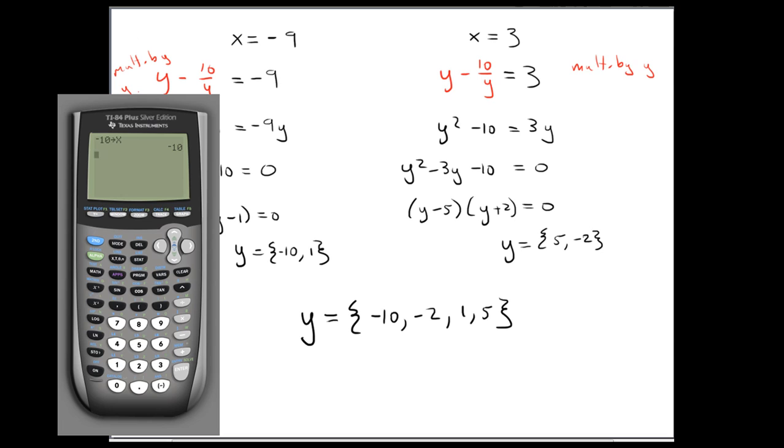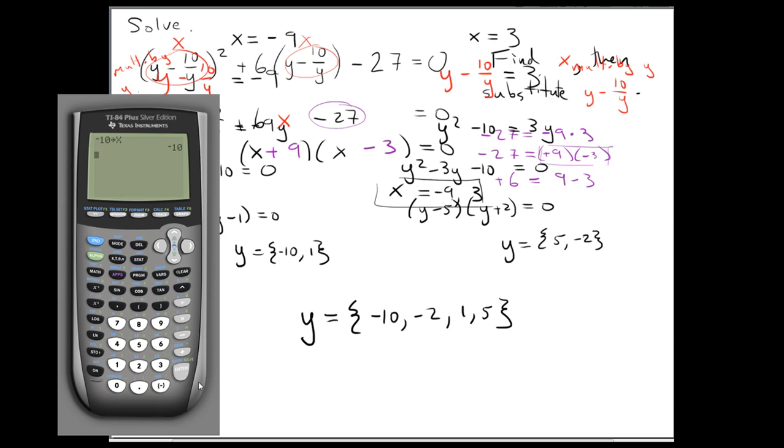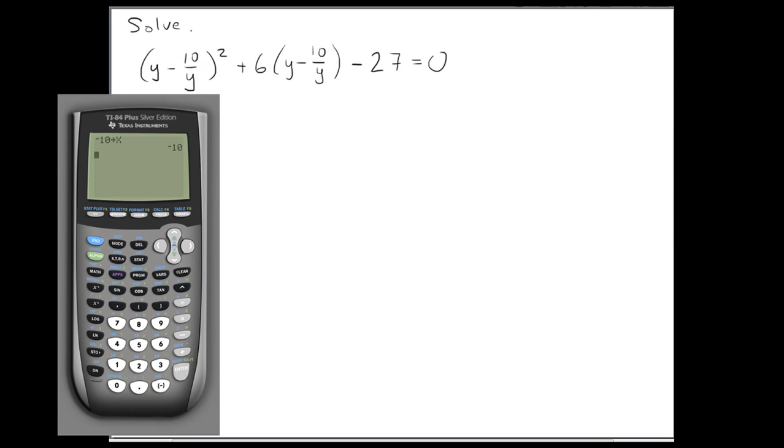Then my input is going to be the original equation: parentheses x minus 10 divided by x, squared, plus 6 times x minus 10 divided by x, minus 27. And let's see if that's a solution.